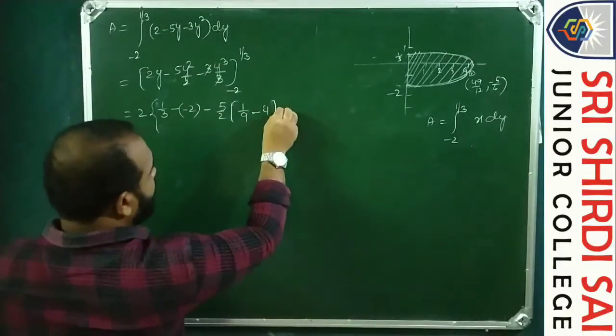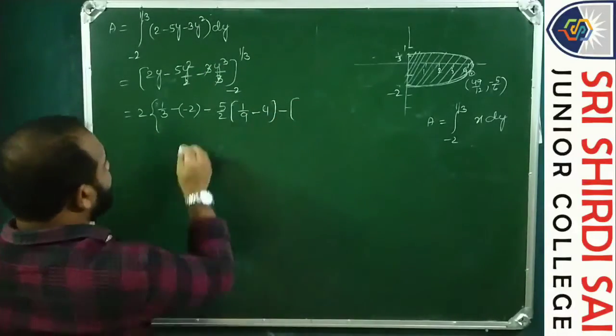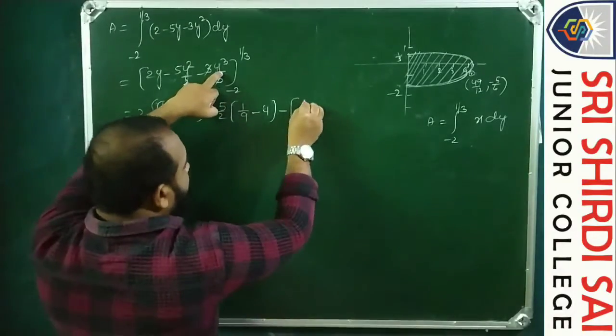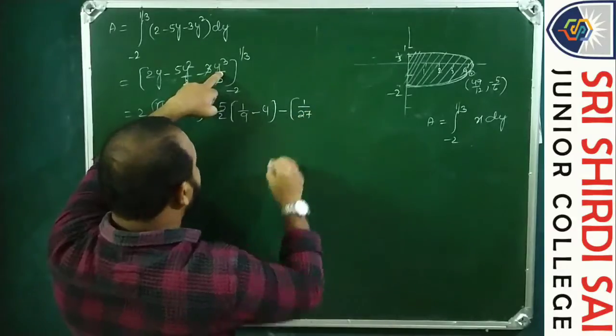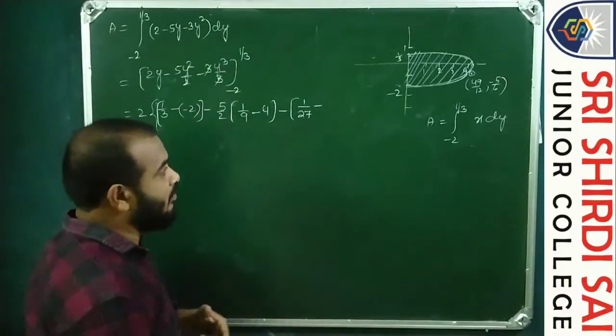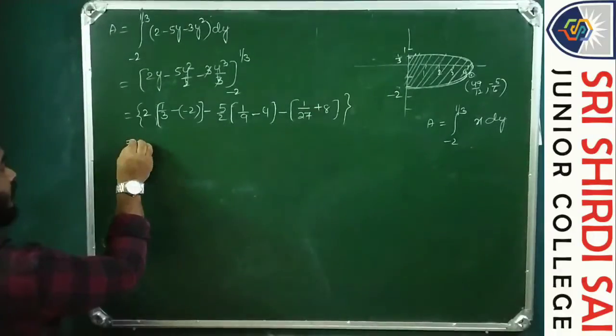The 3 gets cancelled. Minus the y³ term: (1/3)³ is 1/27, and (-2)³ is -8, so minus of minus is plus 8.